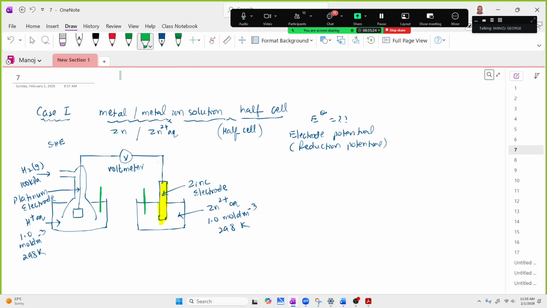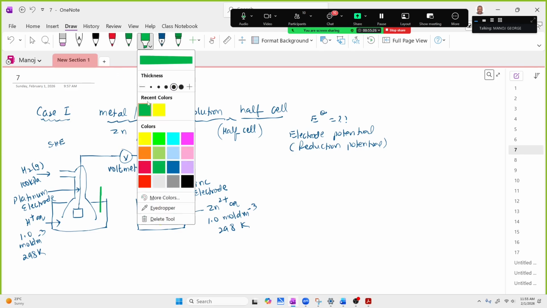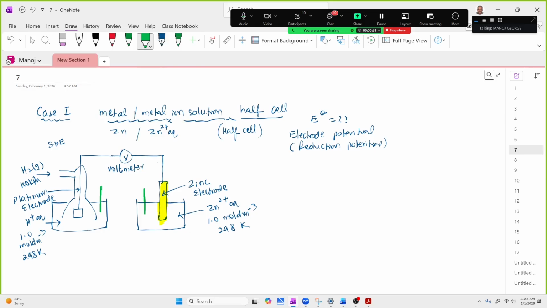is what is called a salt bridge. Have you heard of that? Salt bridge. So when I do this in my class, I have a solution of copper sulfate and zinc sulfate.